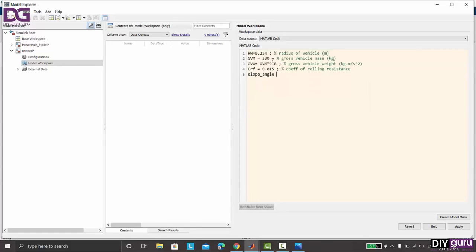Next is the slope of road, that is slope angle, 0 radian. Frontal area, that is AF, 1.1 meter square. The coefficient of drag is 0.4.